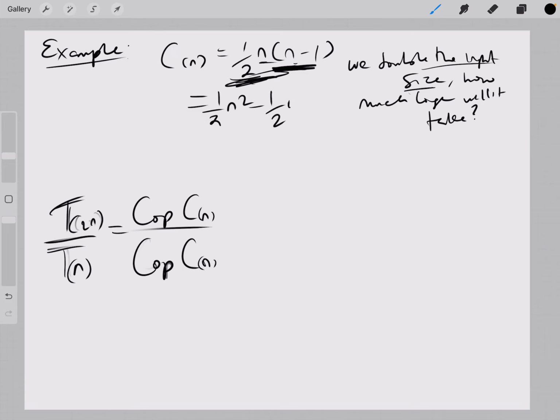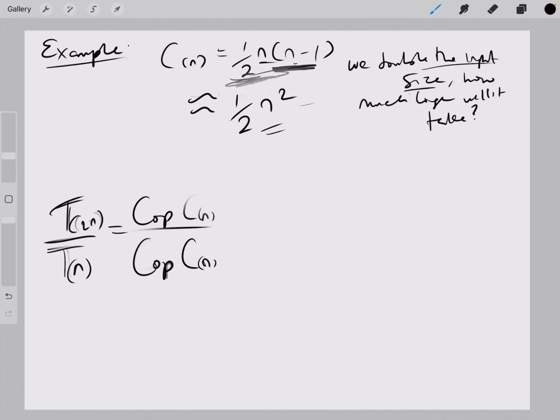Since it's the highest degree that really matters, because if we start having big values for n, it will make the other term look insignificant, we can simply estimate and say half n squared, ignoring the other terms. So we have half n squared for C of n.